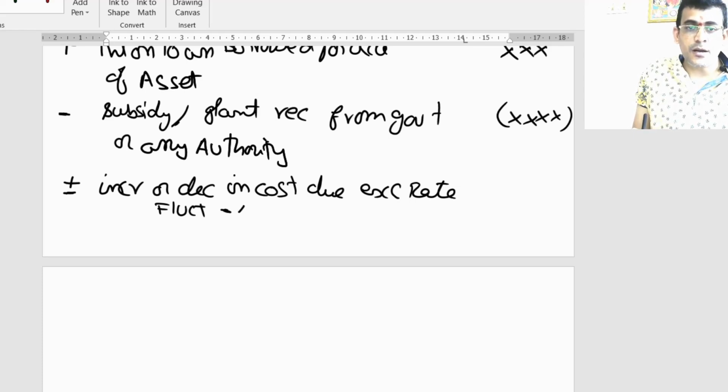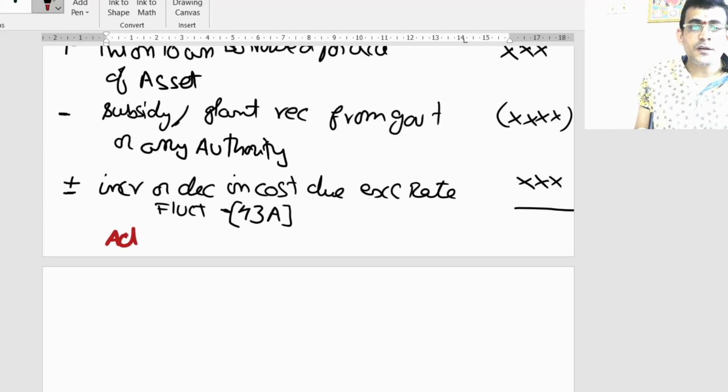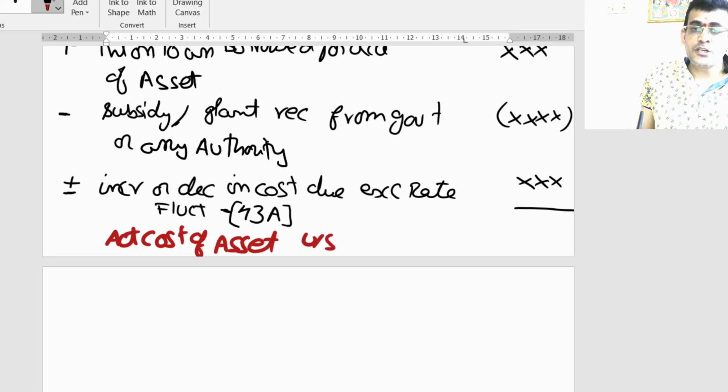Let us try to understand this now, which is covered as a part of Section 43A. Section 43A of the Income Tax Act specifies this. There may be cases where I should add or cases where I should reduce. Once I do this, this part is called the actual cost of asset under Section 43(1).